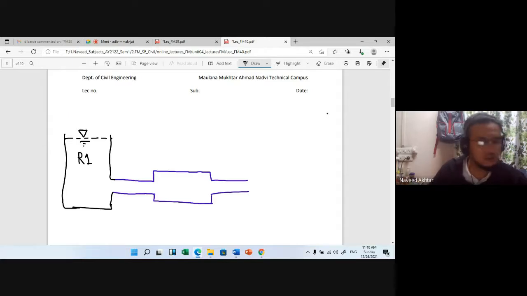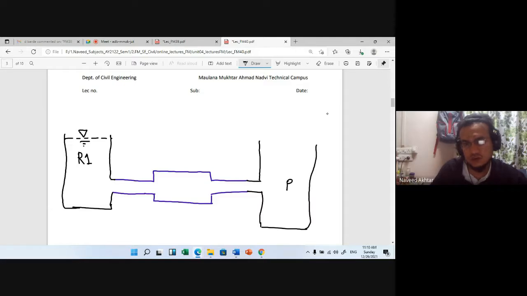And then again the second reservoir, the fluid flowing from R1 to R2. This is R2, reservoir 2. The water level here, it may be somewhere here. Okay.